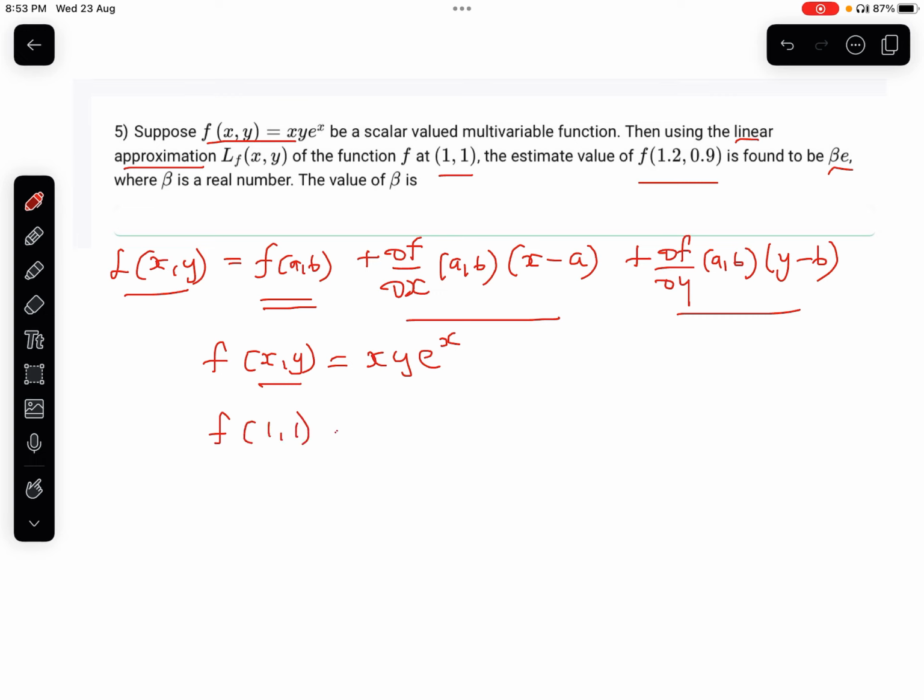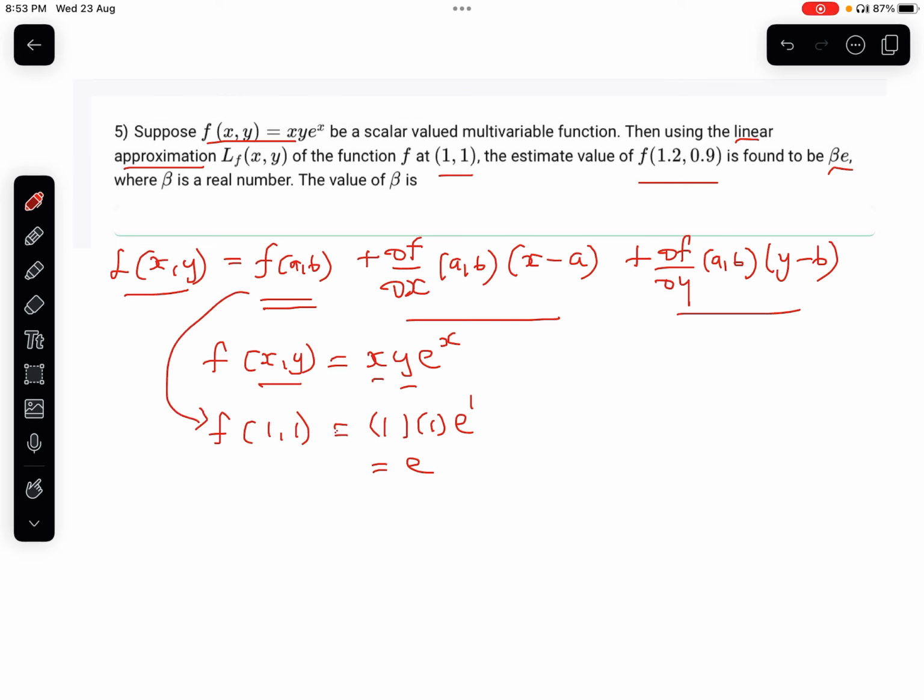So f of 1 comma 1 is equal to 1 into 1 into e power 1. Therefore the answer is e for f of a comma b, which is f of 1 comma 1. That is what we have written here.